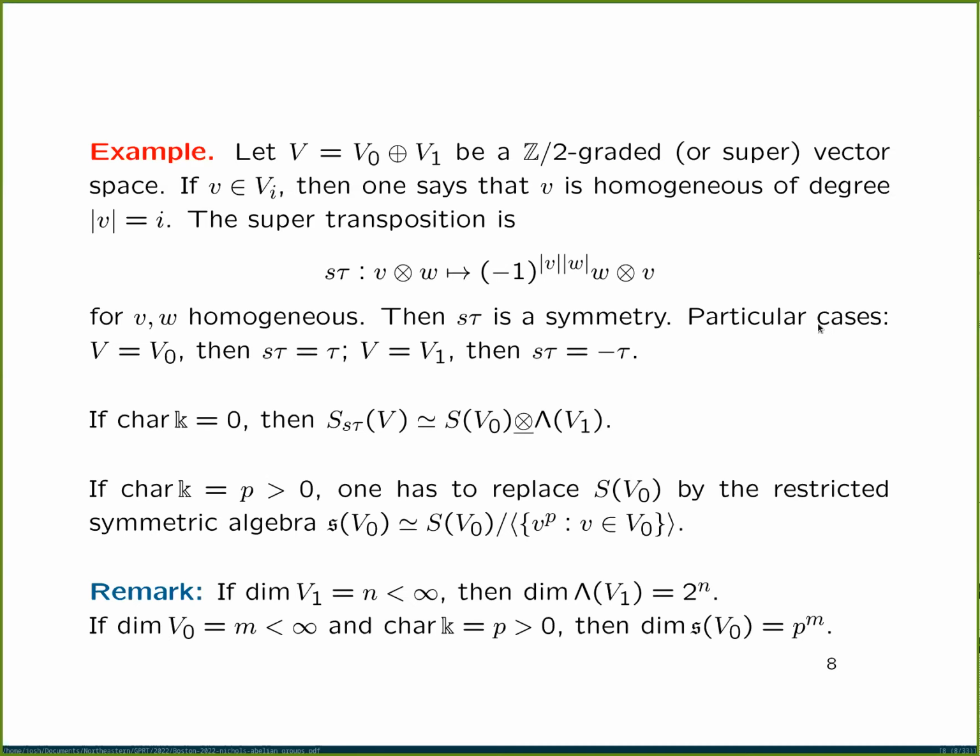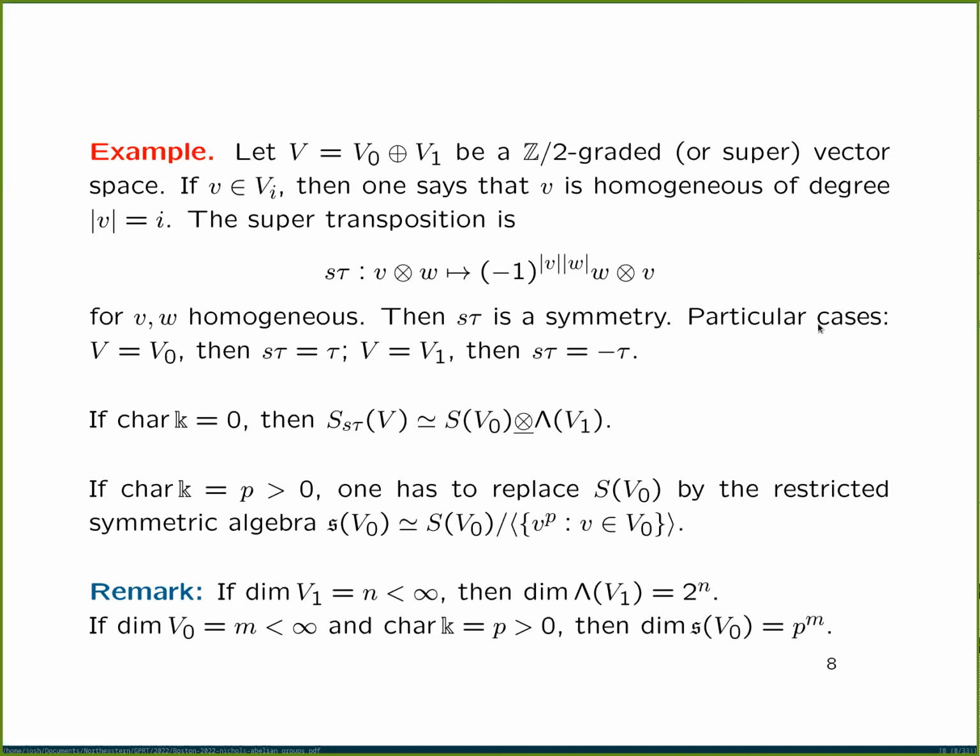So s tau goes from V tensor W to W tensor V, multiplied by (-1) to the degree of V times degree of W. So it is the usual transposition if either V or W is in V_0, and if both of them are in V_1, it is minus the transposition. And then one extends this by linearity to the whole vector space.